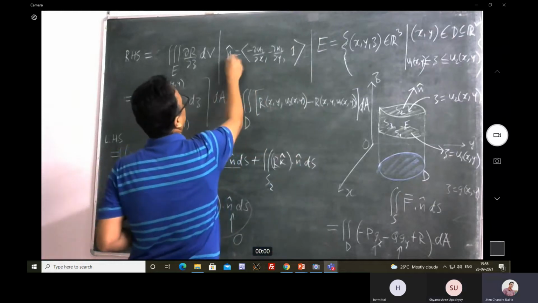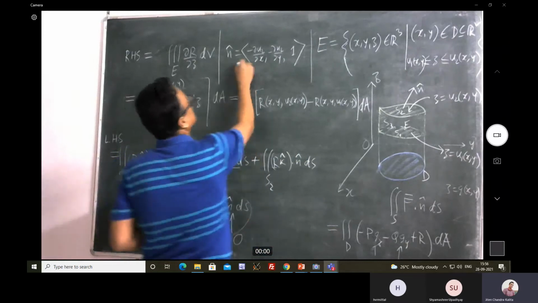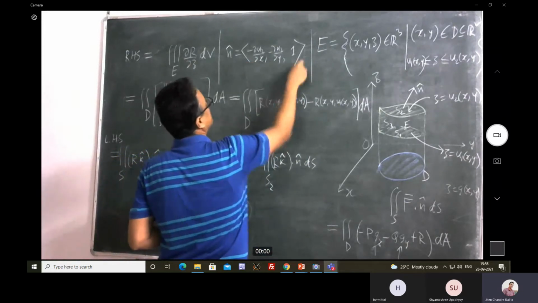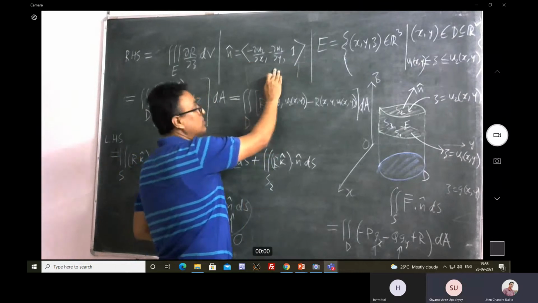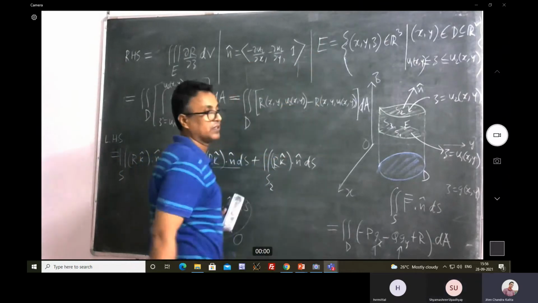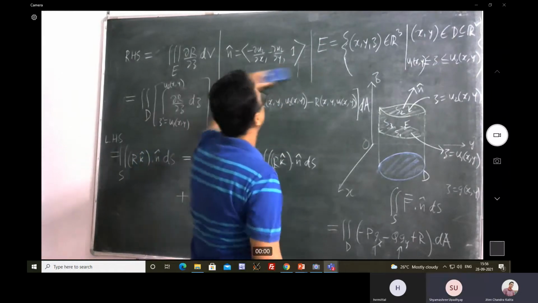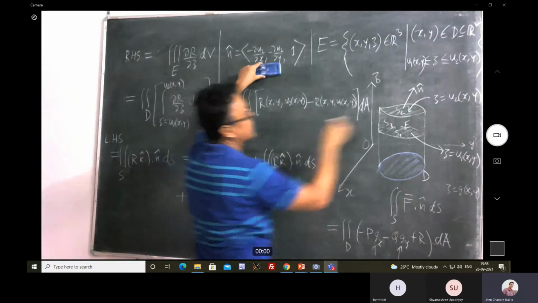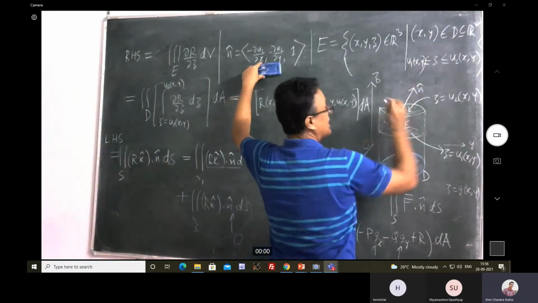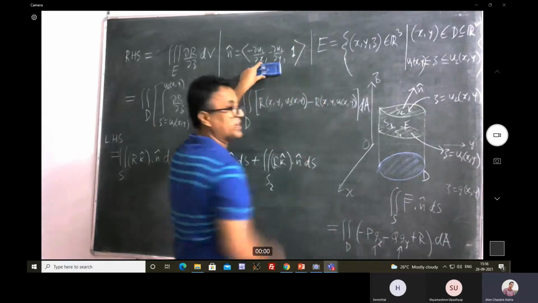Not necessarily n cap like a unit normal vector, because it would have been divided by its magnitude, and that would have cancelled with the other one. Basically, because this is an outward normal on the top surface, the third component is always going to be equal to 1.